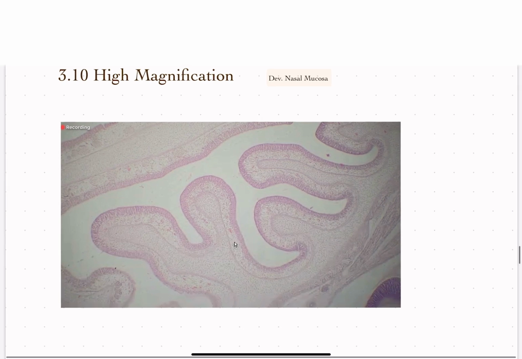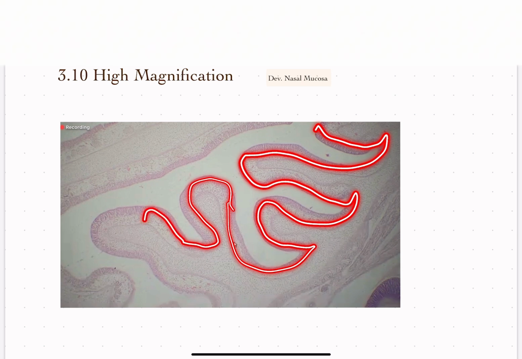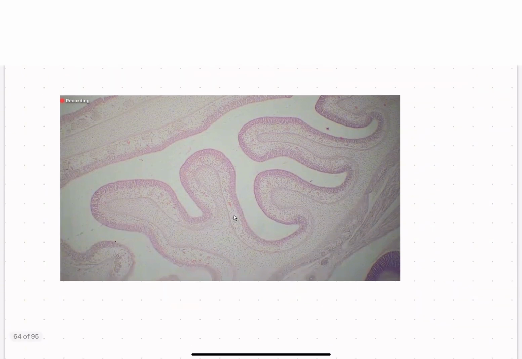I think that's enough, but like I said, if it looks like these flame-like structures, it's the developing nasal cavity. If it looks like just some Wi-Fi signals, like three in a row, it's not this complex in structure. It's the nasal conchae, don't know how to pronounce that. But in this case, this is definitely the nasal cavity because of the more complex structure of it.